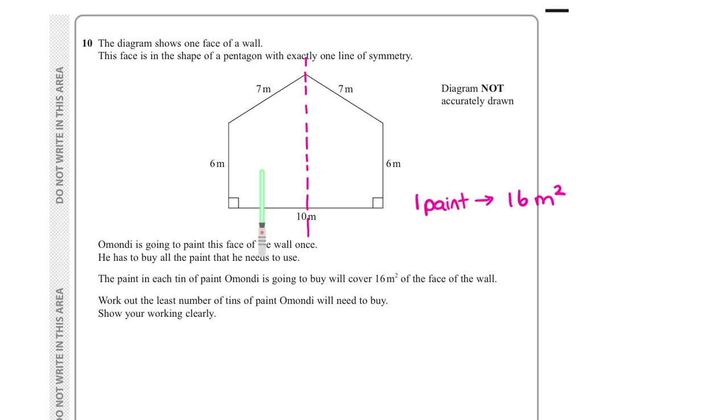Okay, so I'm going to find the area of the trapezium, times it by 2. So I've got 2 trapeziums. However, another way is to find the area of this rectangle and this triangle and then times it by 2.